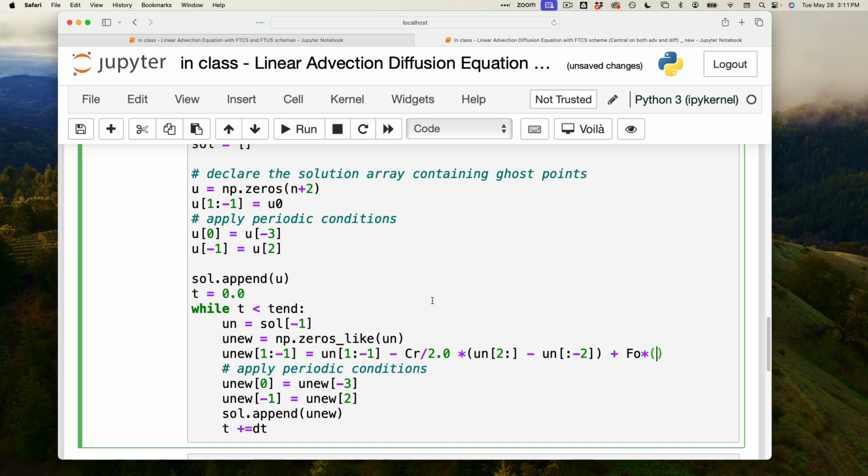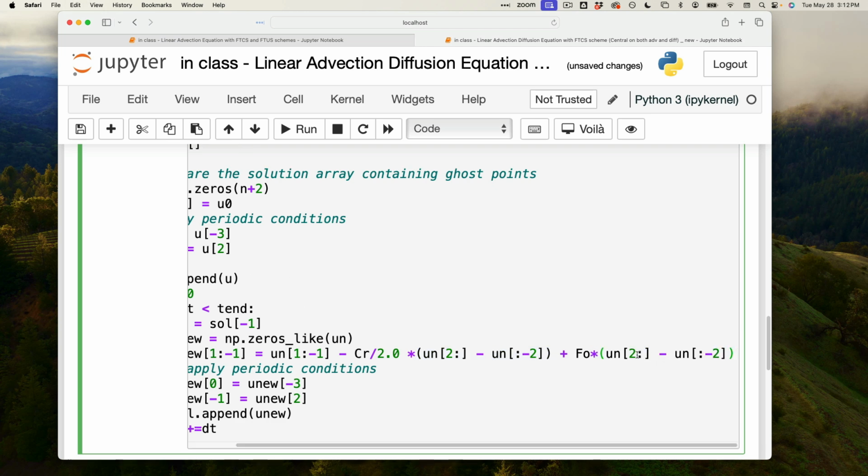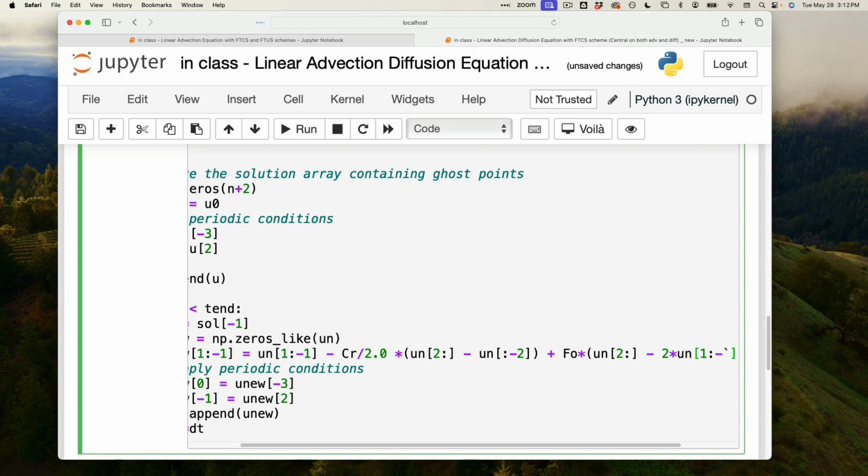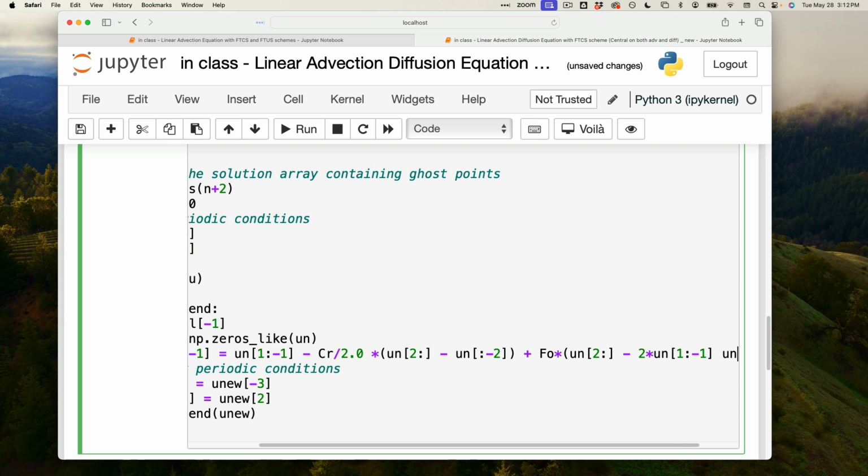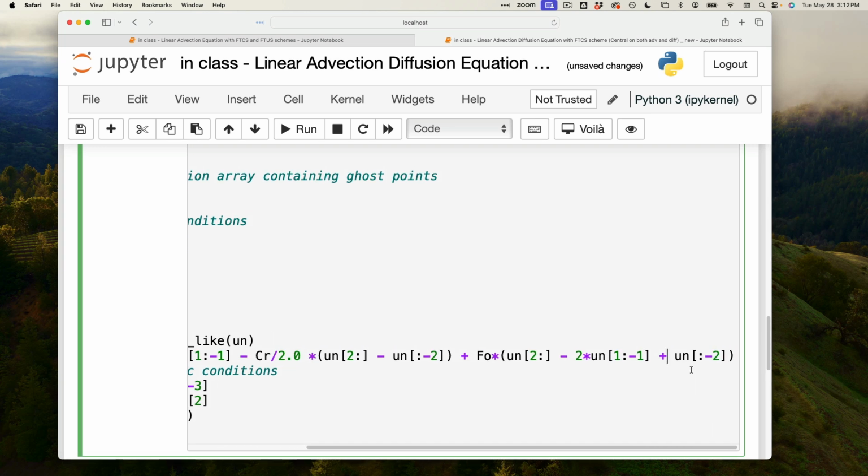You can grab it from your previous notebook, or just simply set it up here. You have u_{i+1} minus 2 times u_i plus u_{i-1}. Advection is central. Diffusion is central.